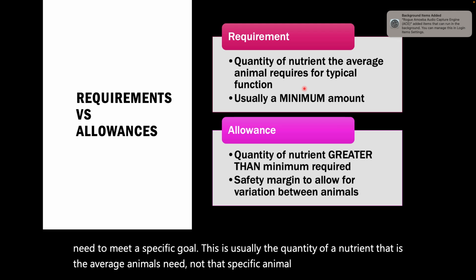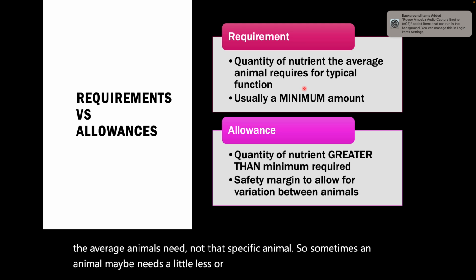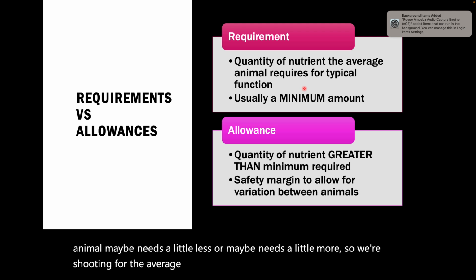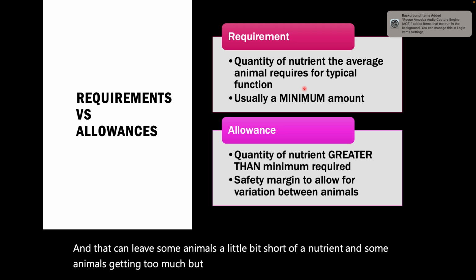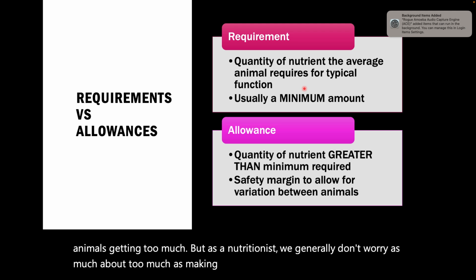So sometimes an animal maybe needs a little less or maybe needs a little more. So we're shooting for the average of a group, not the individual animal. And that can leave some animals a little bit short of a nutrient and some animals getting too much. But as a nutritionist, we generally don't worry as much about too much as making sure all of the animals are getting the minimum amount that they need.